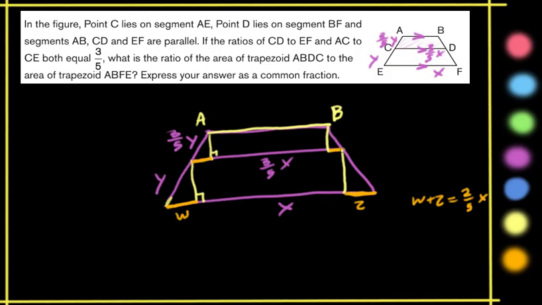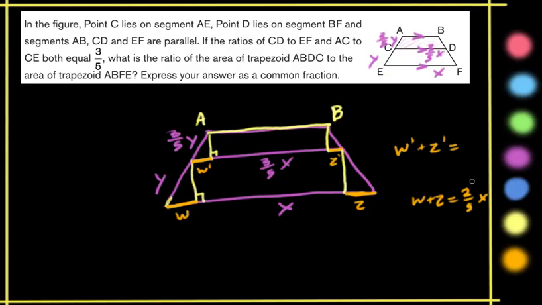And the sum of these two, I'm going to call this one W prime and this one Z prime, because there's going to be a relationship between those two. W prime plus Z prime is going to be the difference between 3/5 X and this thing that we're looking for. And what I'd like to convince you of is that using these similar triangles, this sum is going to have to be 3/5 of this sum.